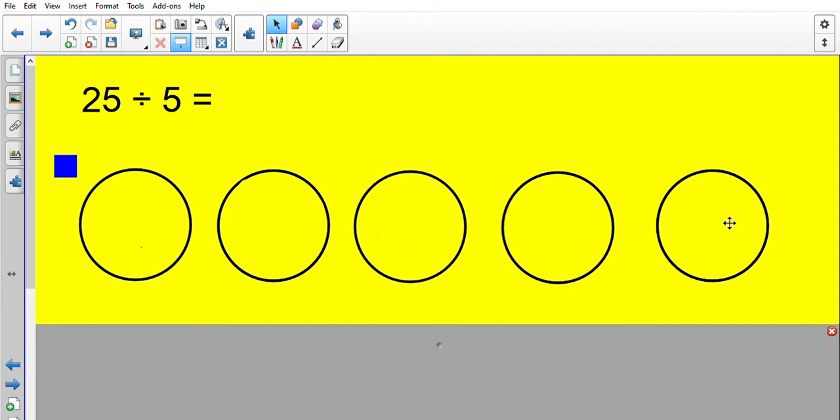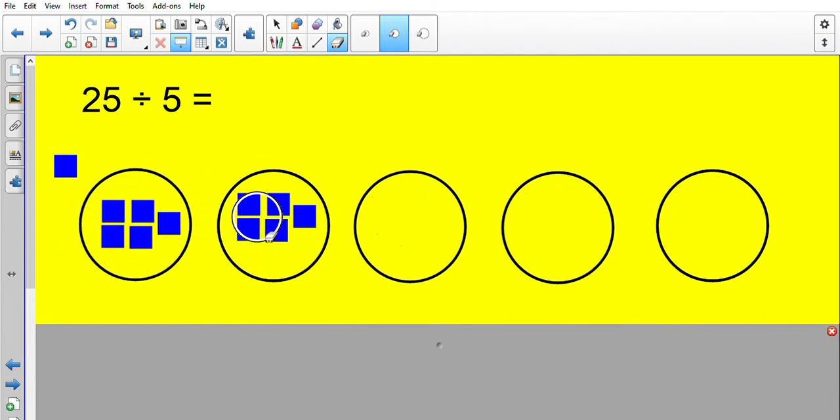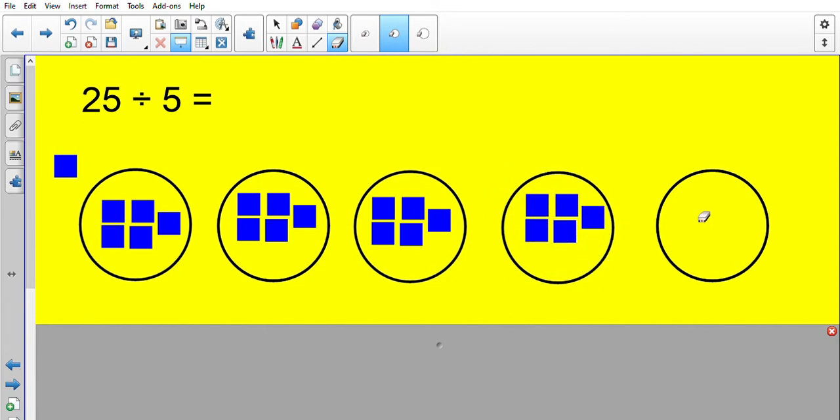Now you don't want to see me sharing out 25 cubes, so I've already done it for you. Let's have a look how many is in each group. If I shared them equally, I would have 5 in each group. That's one way I could work out my answer.